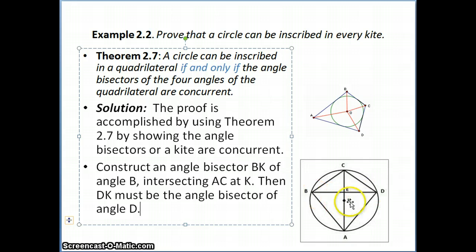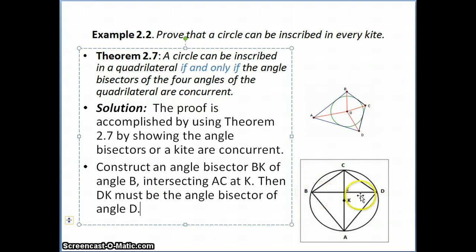So that means K is the intersection of the 4 angle bisectors. We already know the diagonal AC is the angle bisector, but diagonal BD is not guaranteed to be an angle bisector. But we can always find the angle bisector of one of the angles, and it must connect to the intersection point with the other vertex, so it must also be an angle bisector.